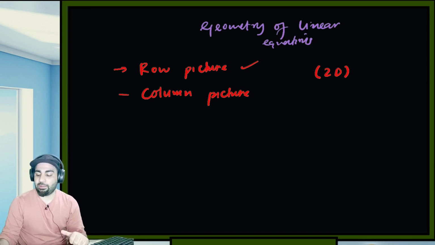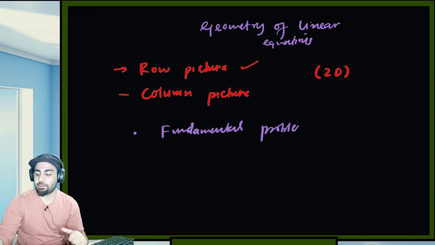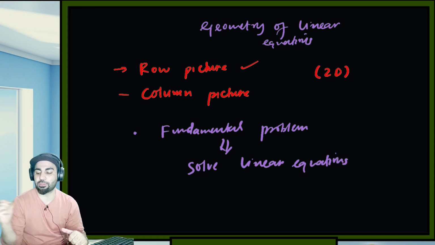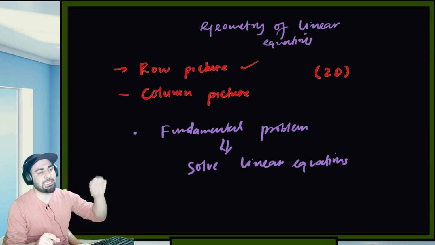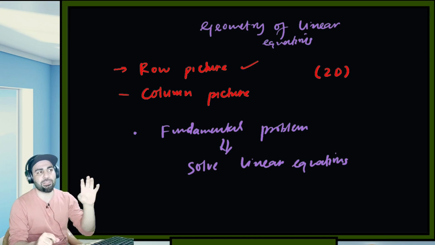We left the previous lecture at how to find the solution to the equations. I said there is a fundamental problem. What is the fundamental problem of algebra? The fundamental problem is to solve linear equations. That is the fundamental problem that algebra solves. Whenever I am solving something, think that there is a problem existing in the real world which mapped to these equations.